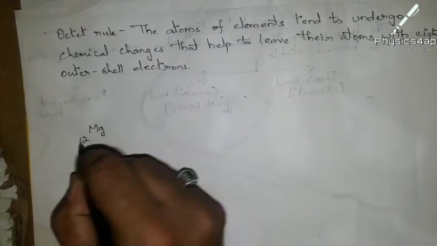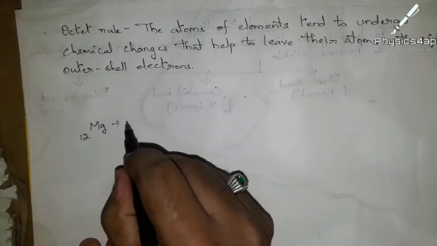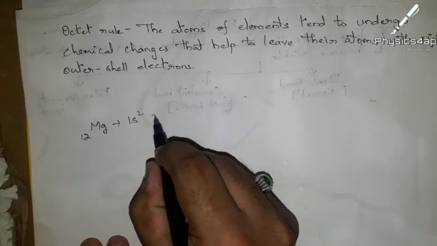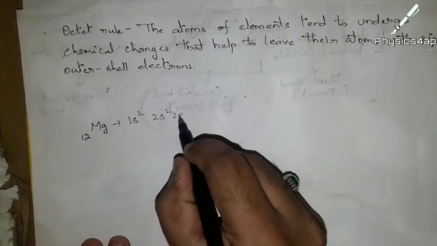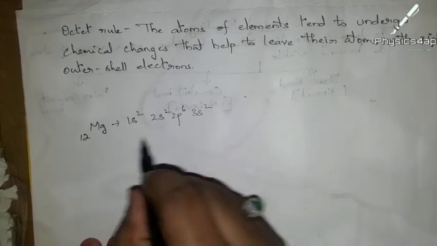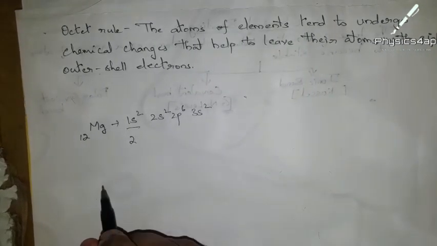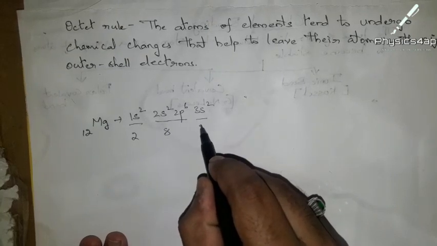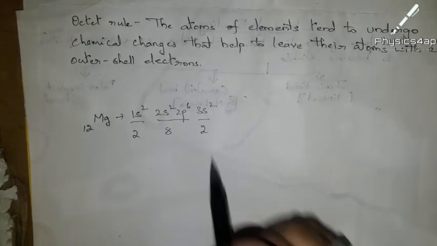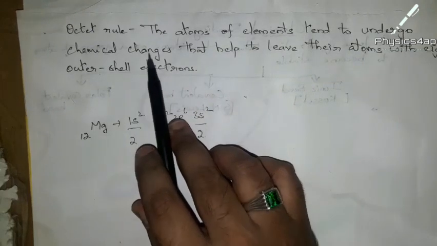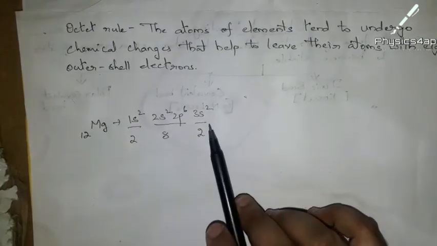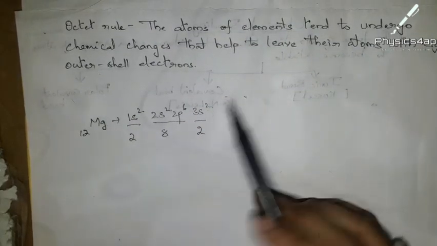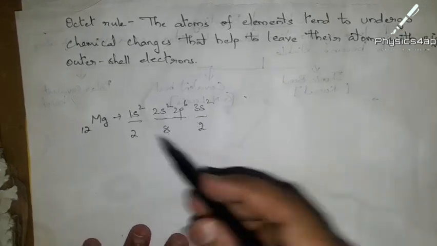Magnesium's atomic number is 12. When we write the electronic configuration, we write 1s2, 2s2, 2p6, 3s2. The first shell has 2 electrons, the second shell has 8 electrons, and the third shell has 2 electrons. To get an octet there should be a chemical change, done by removing or adding electrons.